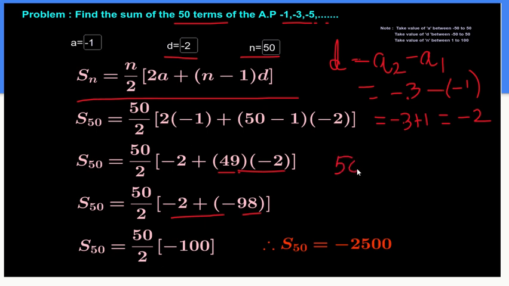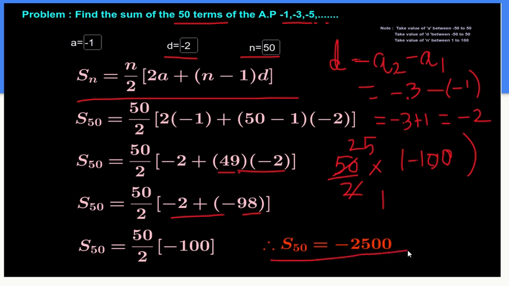Either you can cancel the 100 with 2 or cancel the 50. 2 ones are 2, 25s are 25. Now 25 into 100 gives you 2500, so it's negative 2500. So what is the sum of 50 terms? If I add the 50 terms, I get negative 2500.